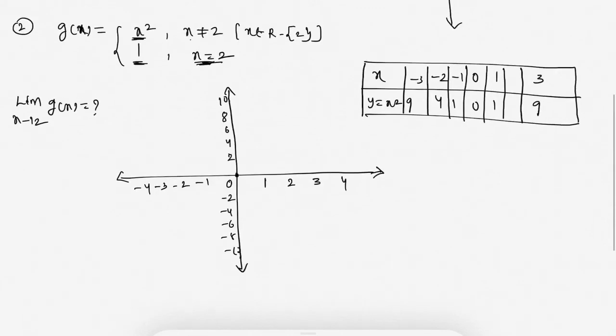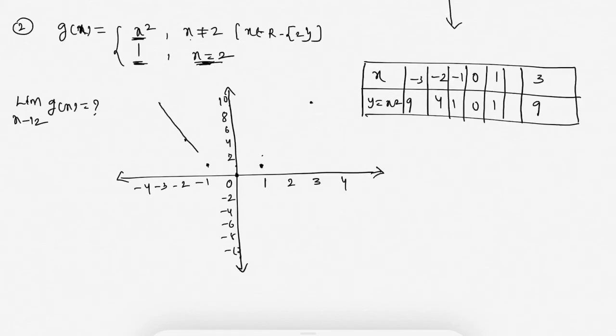Now put the values 0 comma 0, 1 comma 1, and 3 comma 9. Then minus 1 comma 1, minus 2 comma 4, minus 3 comma 9. So join all the points.